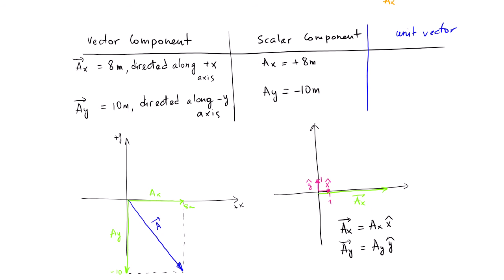If we go back to our example, as a unit vector for our vector component ax, we would write ax equals positive 8 meters x hat, and ay equals negative 10 meters y hat.